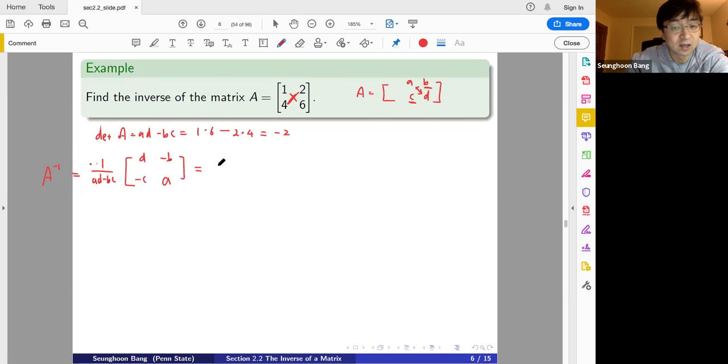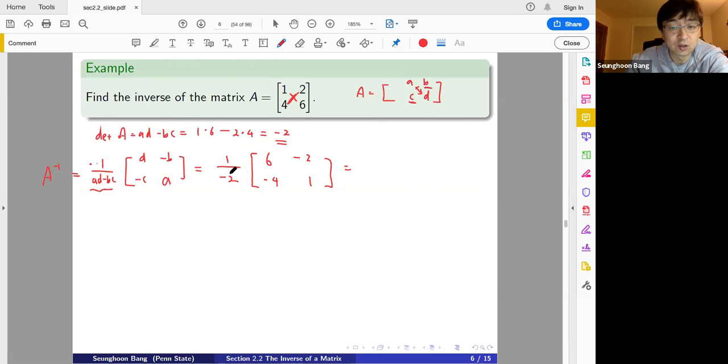So what's that? Here, 1 over AD minus BC is 1 over negative 2. You only interchange 1 and 6, 6, 1. Take a negative sign on the other entries, negative 2, negative 4.